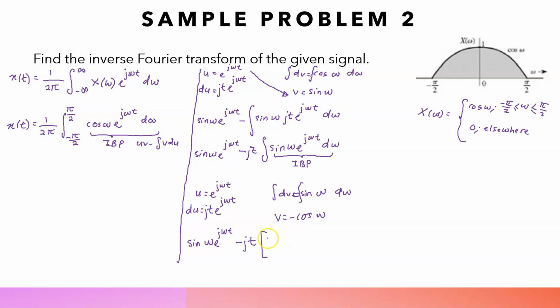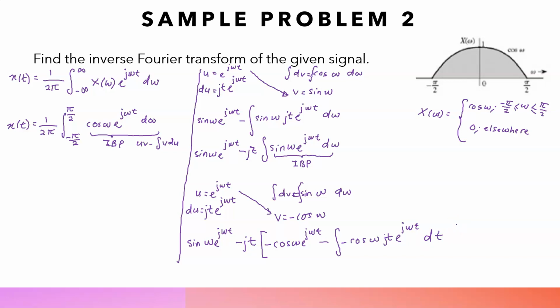This one multiplied by this, you will get minus cos omega e^{jωt}, which is uv, minus the integration of v, which is minus cos omega, and again jt e^{jωt} dt.